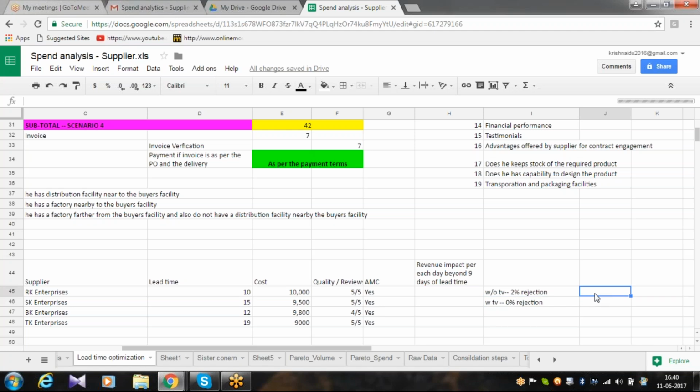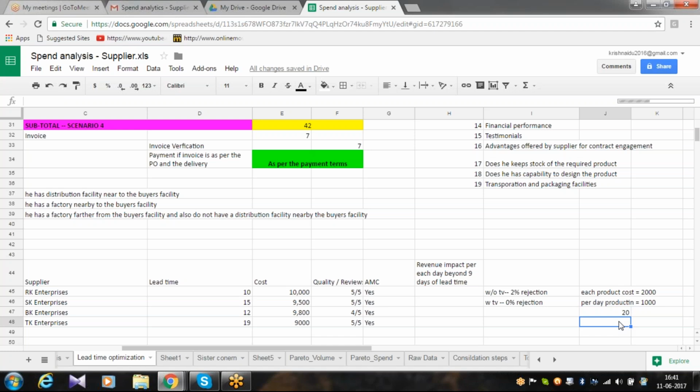My each product cost is equal to 2000 rupees. Per day my production is, for example, 1000 units. So 2% means what? 0.02 into 1000. That is how much? 20 products.